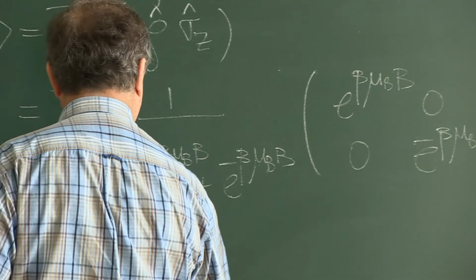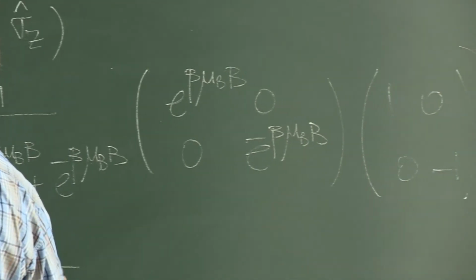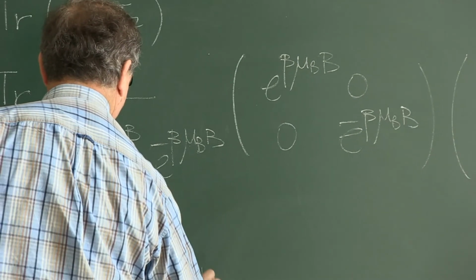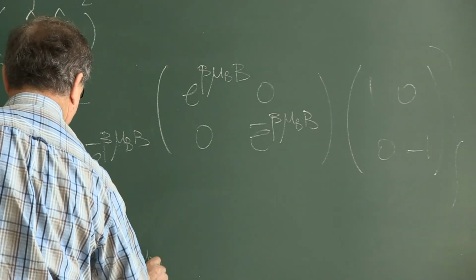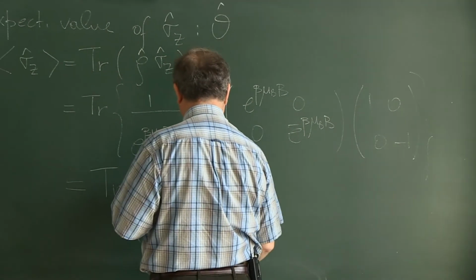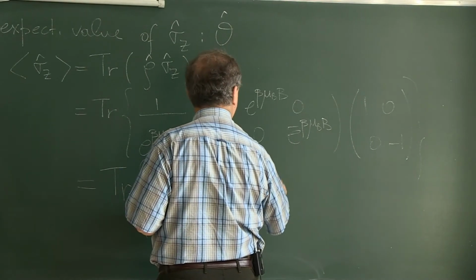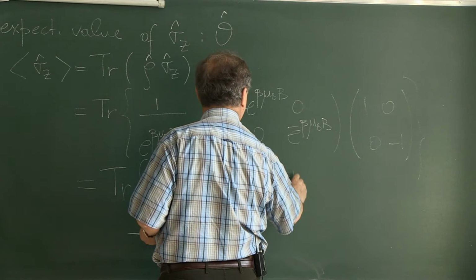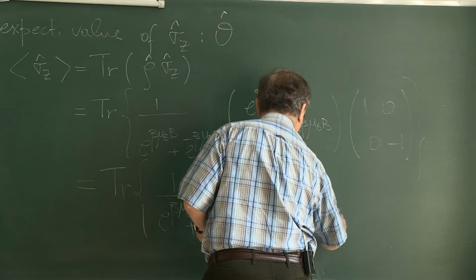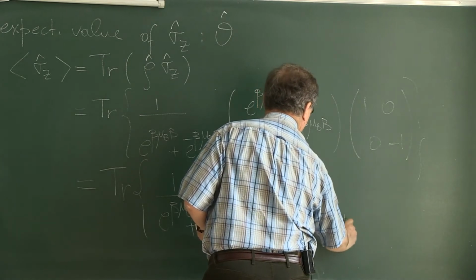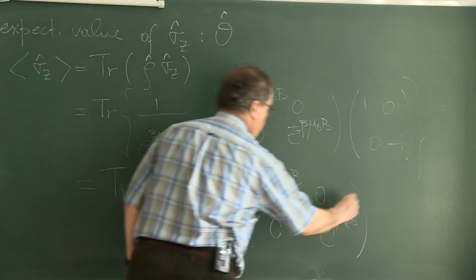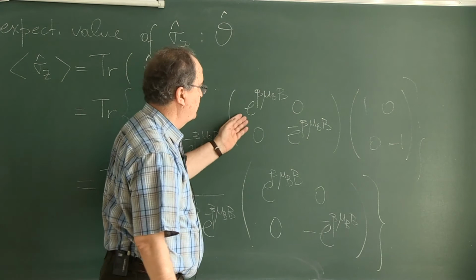This is just a number. If you multiply the matrices, e to the beta mu B, 0, 0, minus e to the minus beta mu B. You know how to multiply matrices.